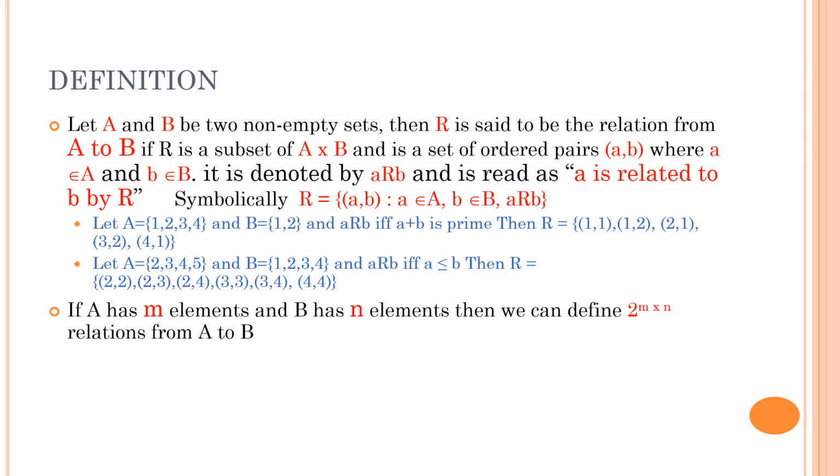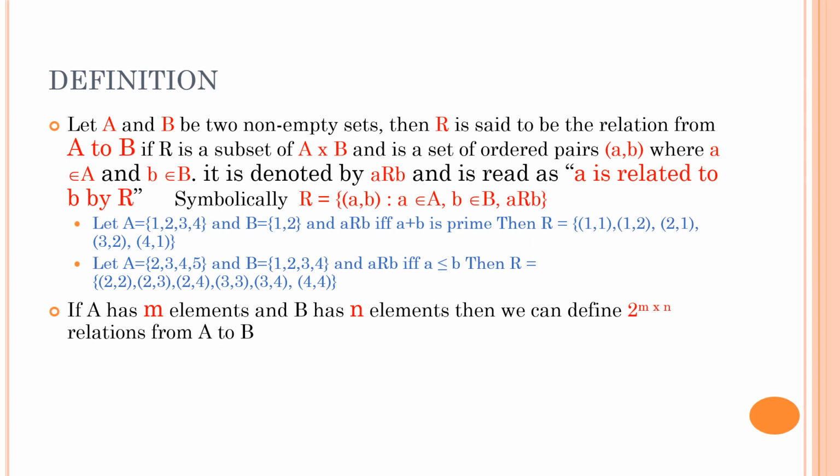If A has m number of elements and B has n number of elements, remember, that means the Cartesian product will have m into n elements. Now, if the cardinality of the Cartesian product is m into n, and we say that the relation is a subset of the Cartesian product, how many relations can we define?